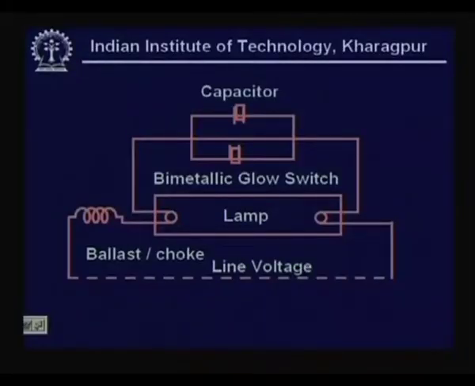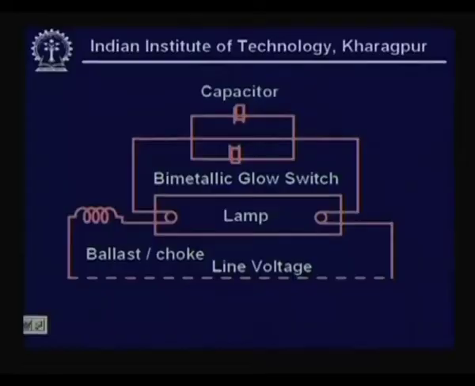In fact, initially the current flows through the choke, the left electrode, and through that bimetallic switch, which is also known as a glow switch, to the other electrode, and thereby heats the two cathodes, the two electrodes at each end, and creates the vaporization. And since it is a bimetallic switch, with the passage of current it heats, there is a differential expansion between the two metallic elements, and the switch opens, and as a result a transient is created.